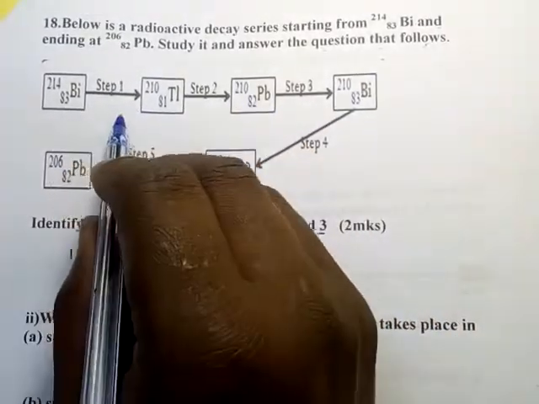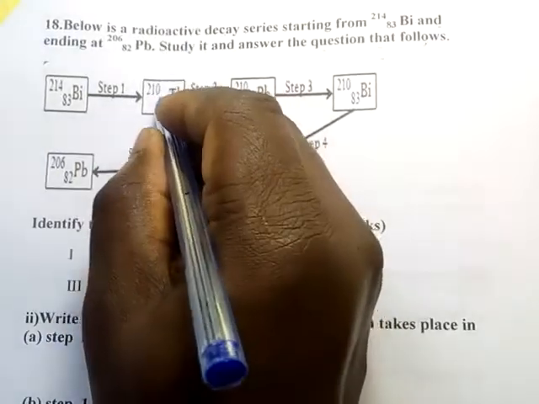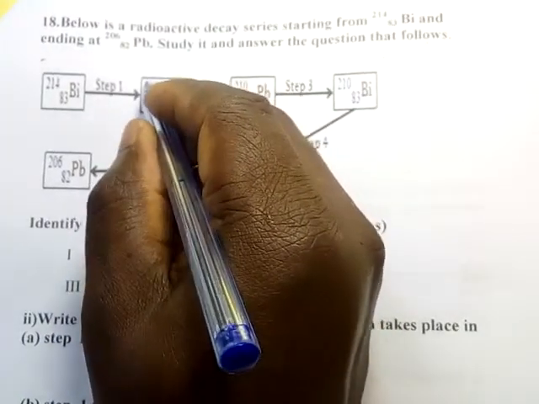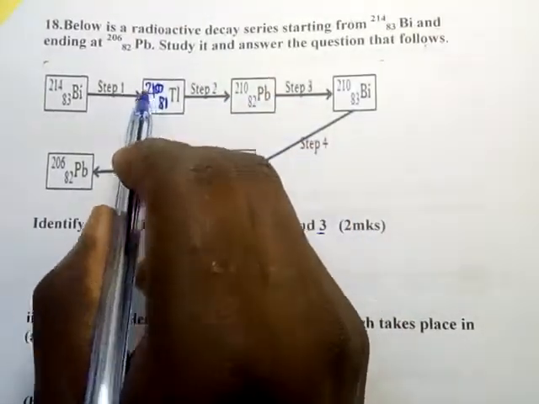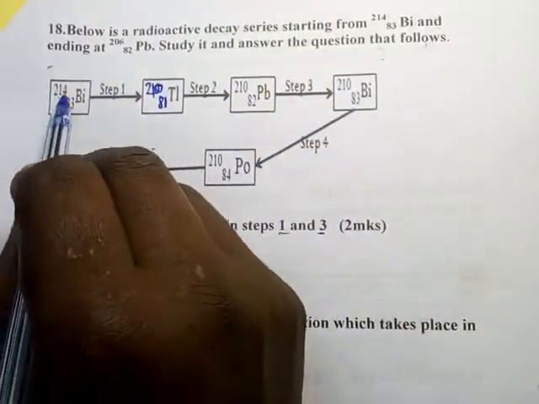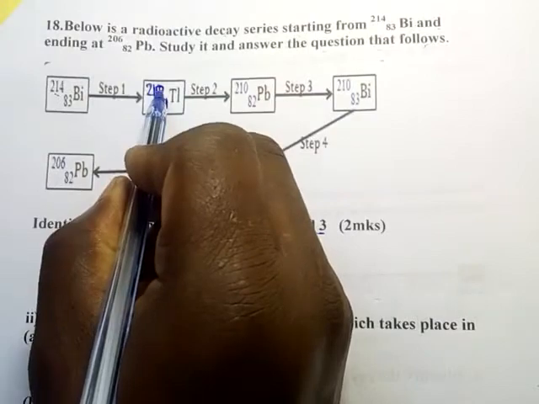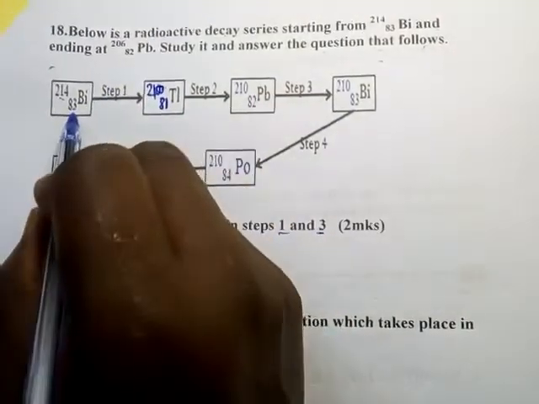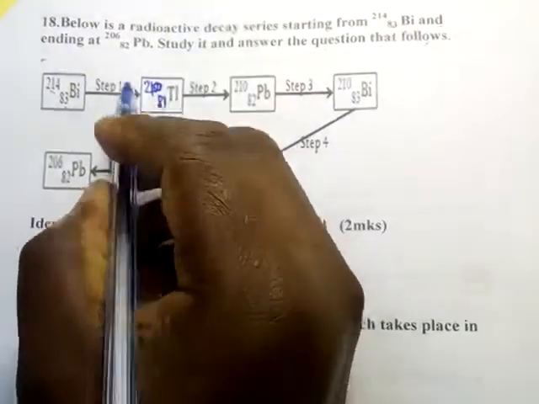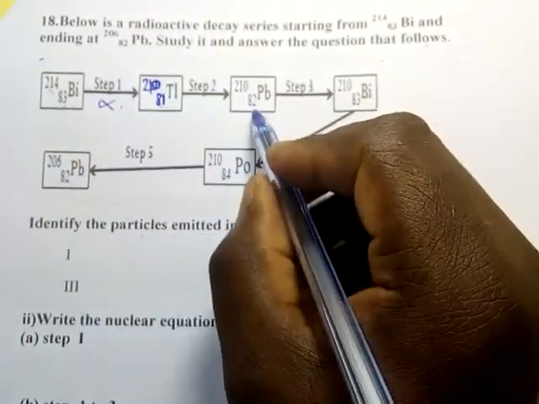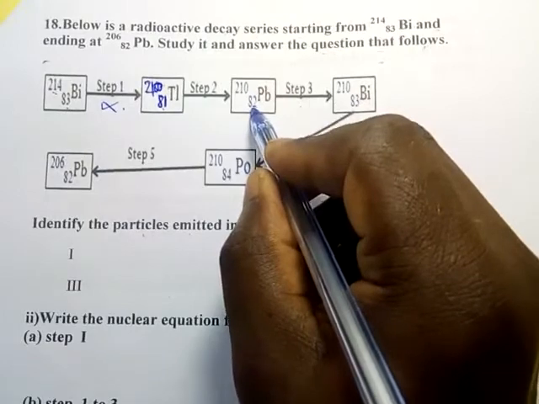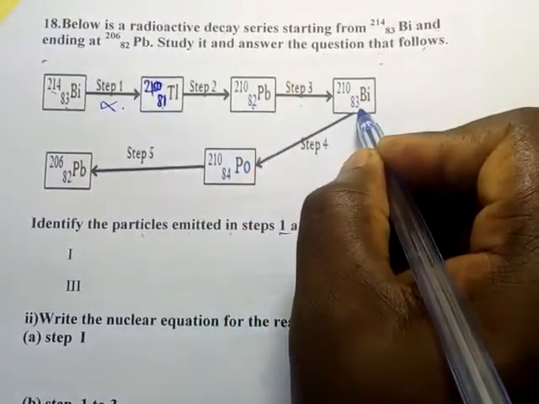So step 1, you look at the atomic number, what is happening, and the mass number. This is 210. So from 214 to 210, subtract 4. 83, subtract 2, you get 81. Therefore, this one is alpha. Step 3, the atomic number here is 82, here it is 83.